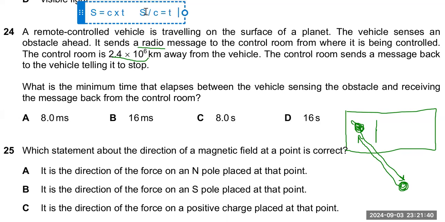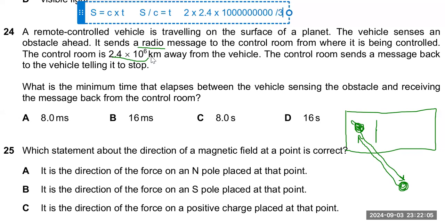The distance, I have told you, you have to multiply by 2, because the distance is traveled twice. So 2 multiplied by 2.4 multiplied by 10 raised to the power 6, where the value of kilo is 10 to the power 3, divided by the speed of light, 3 multiplied by 10 raised to the power 8, is equal to time.